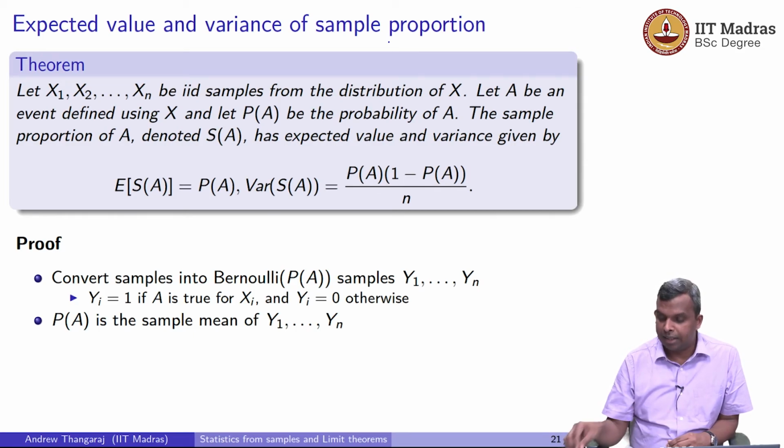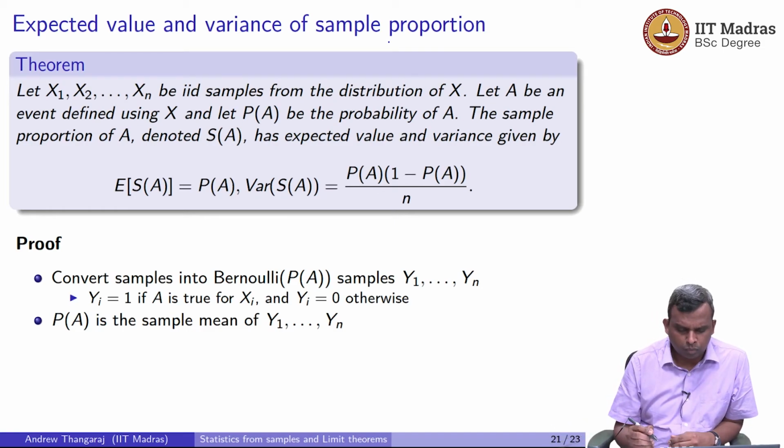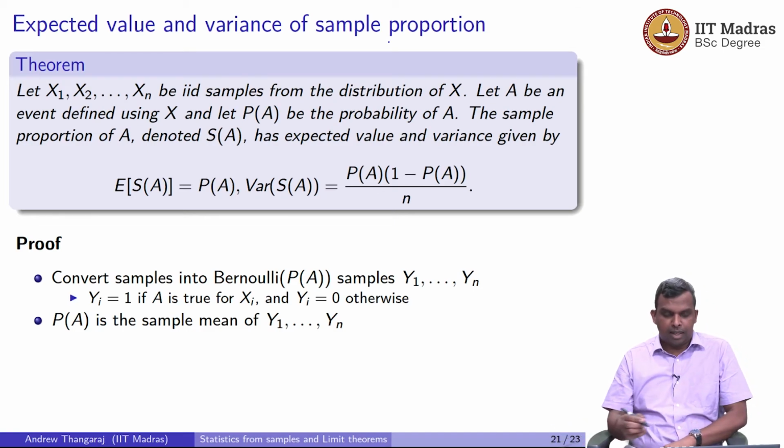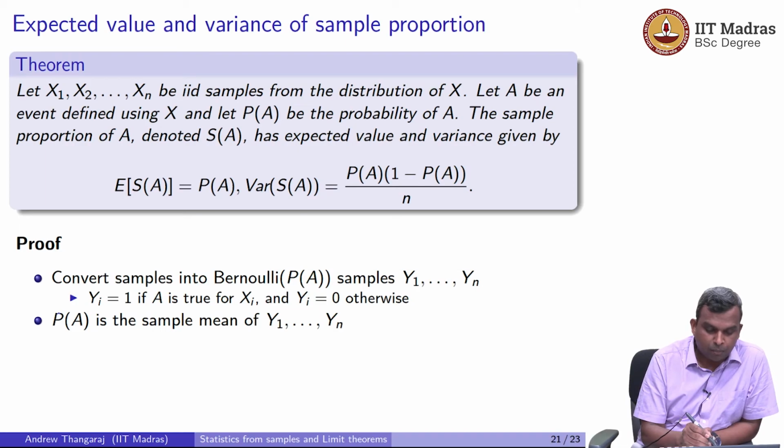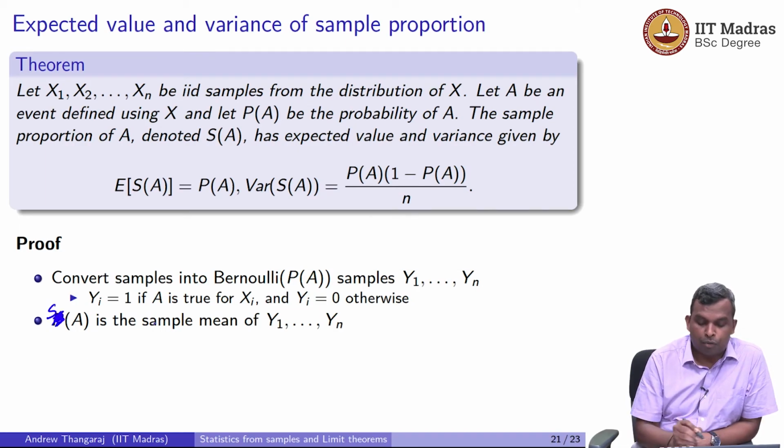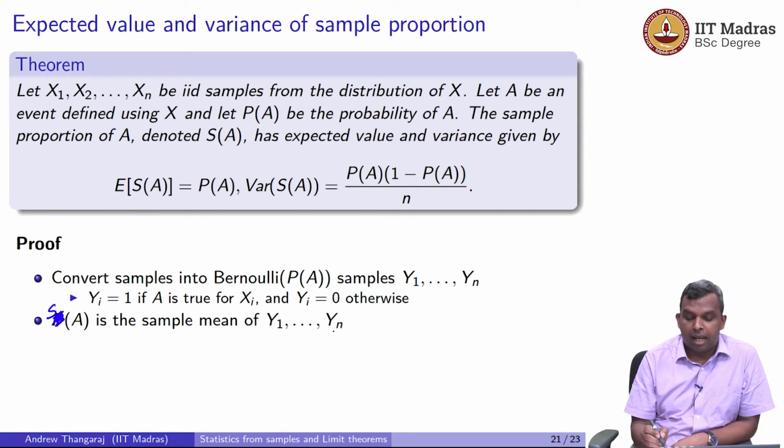I'm sorry, this is not P of A, this is S of A. S of A is just the sample mean of y1 to yn, and the sample mean we know converges to the actual mean, which is P of A. The expected value of the sample mean converges to the distribution mean, so you get P of A. The variance of the sample mean goes to the variance of the original distribution divided by n.